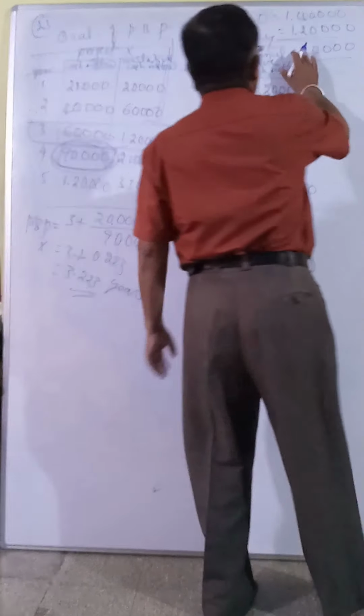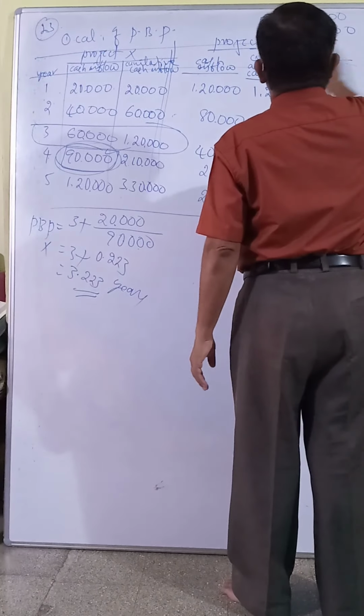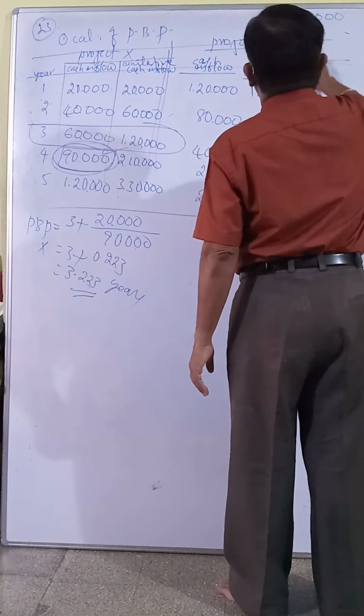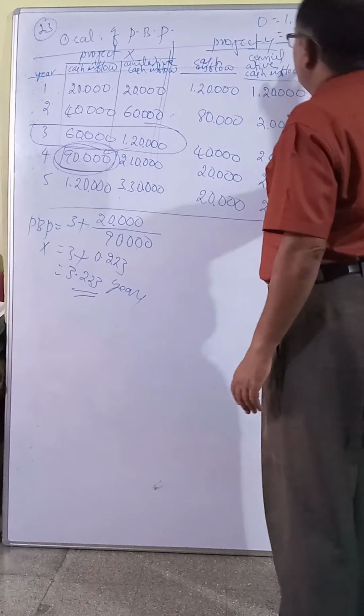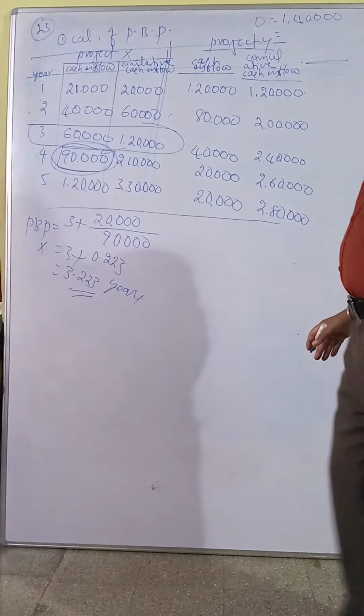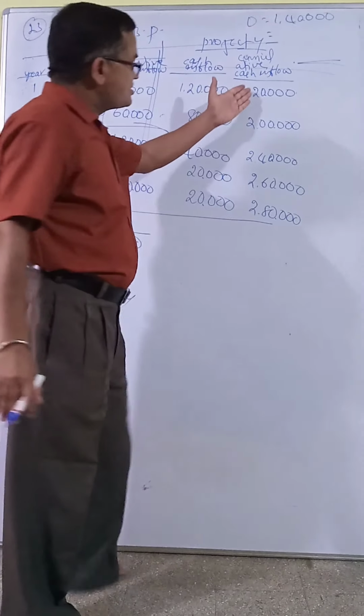In project Y, the cost of investment is also 1,40,000. When we recover this 1,40,000, we look at the cumulative cash flow.